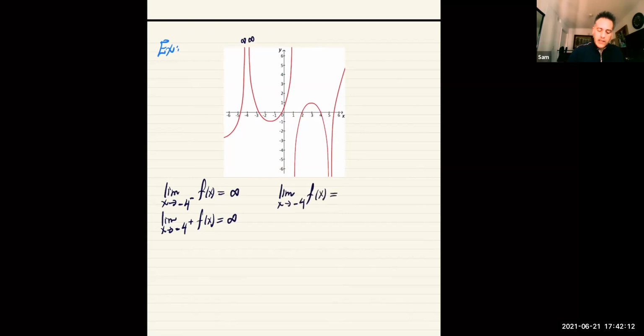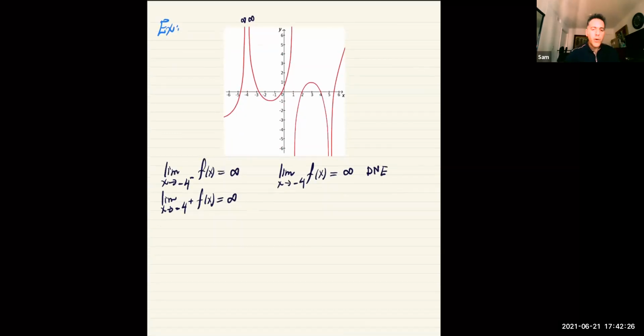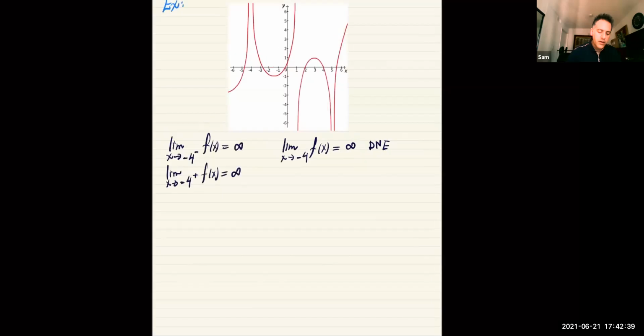You can say infinity, and you can also say it doesn't exist. If these were actual finite quantities, like if this was a 5 and this was a 5, then this would have been a 5 and you would say it exists. But infinity is not a number.